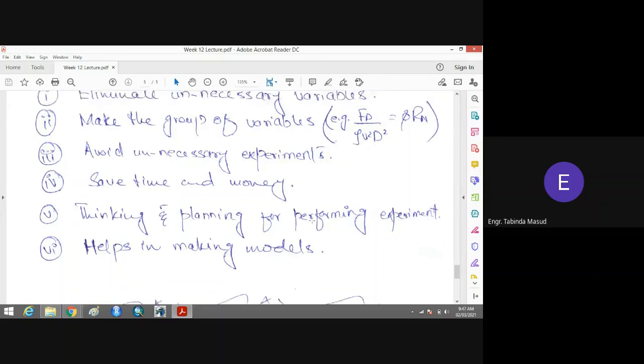Once you come to know that your problem depends upon the Reynolds number, it becomes quite easy to make your model dynamically similar to its prototype. Because if it depends upon the Reynolds number, you should try to keep the Reynolds number for your prototype and model the same. That will be quite an easy analysis, and this is how dimensional analysis helps you in making models for your experiments too.